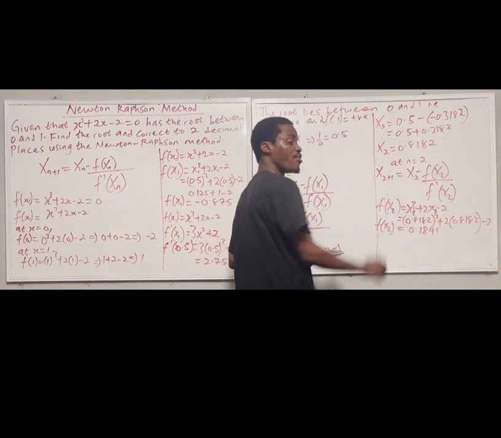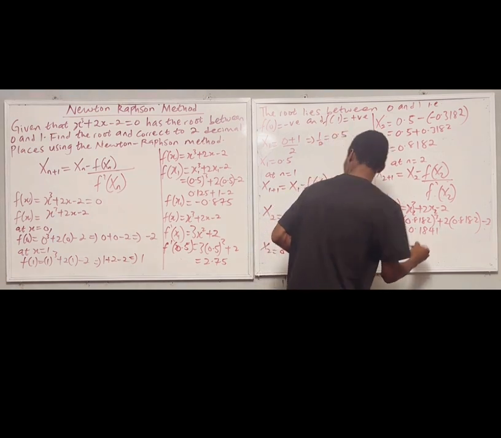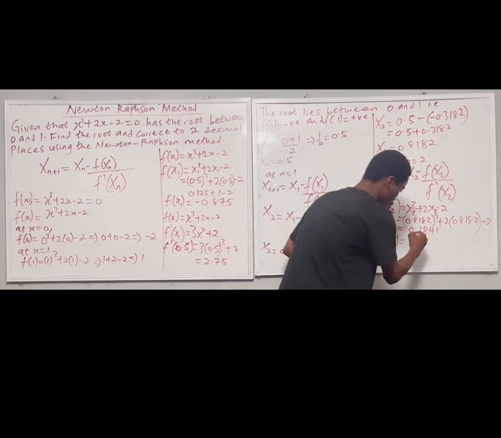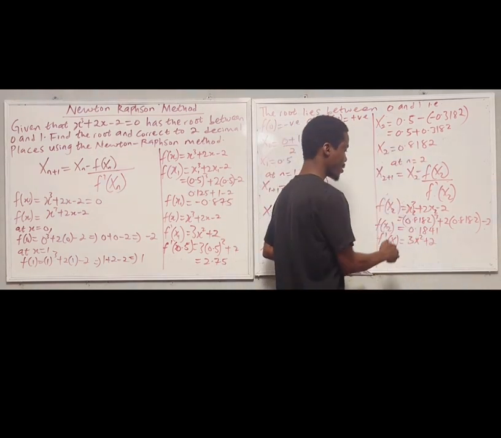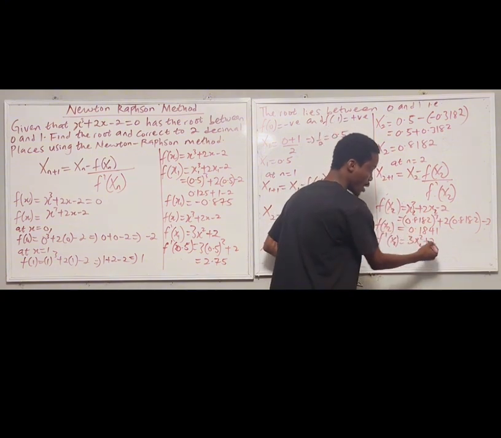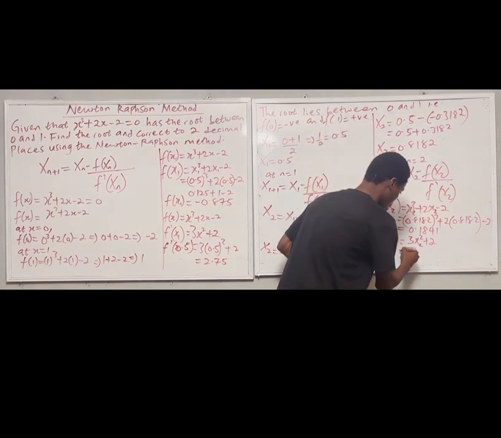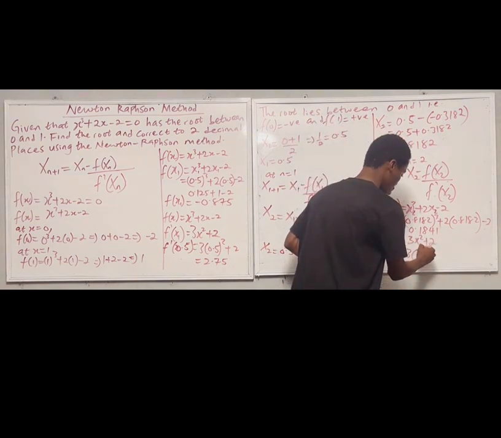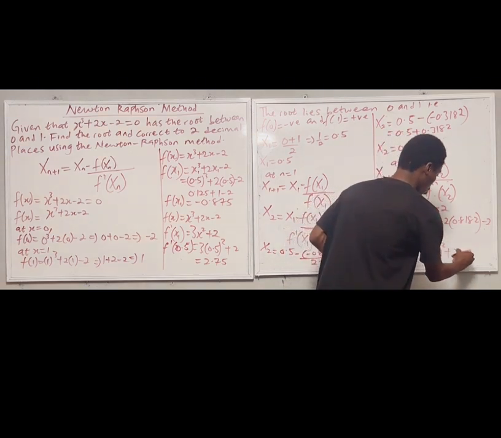For me to find my f prime of S2, remember that my f prime of x is 3x squared plus 2. So what is my x? Since I want to find f prime, I will turn x into S2. My S2 is 0.8182. I'm going to have 3 times 0.8182 squared plus 2.